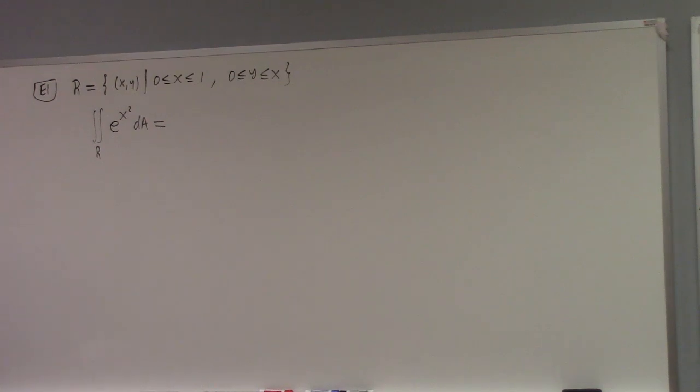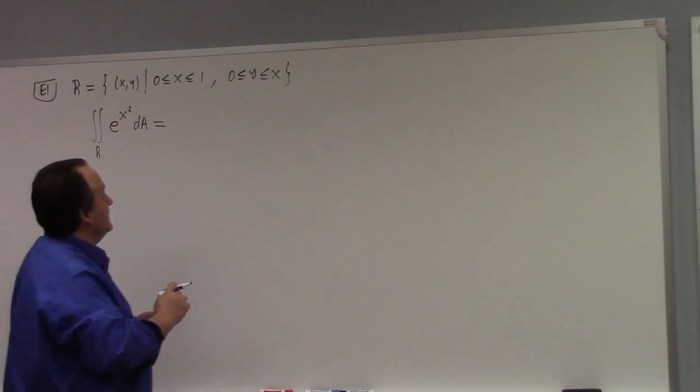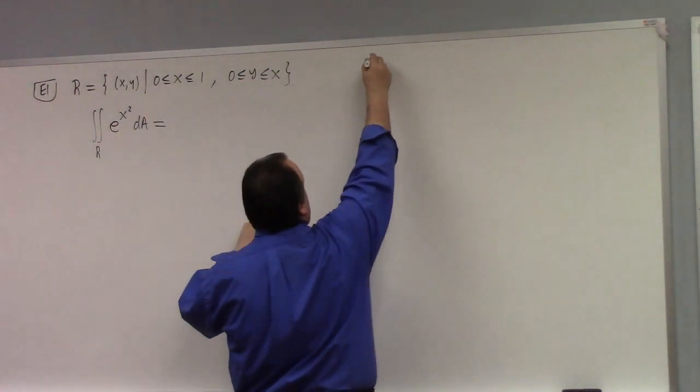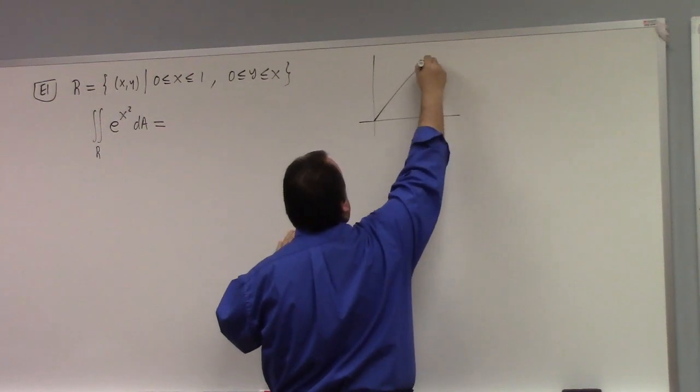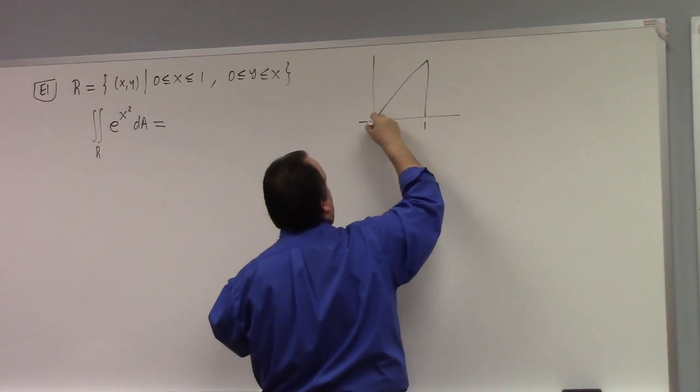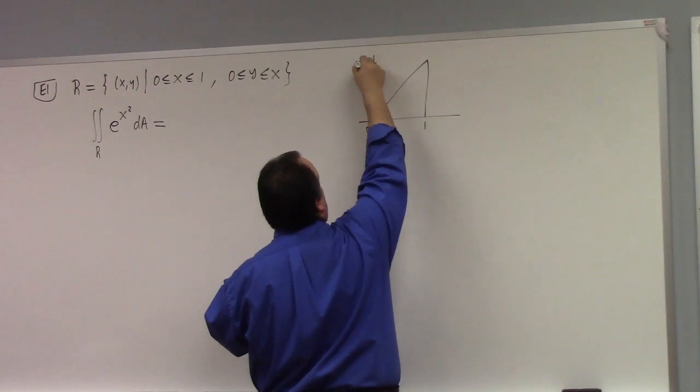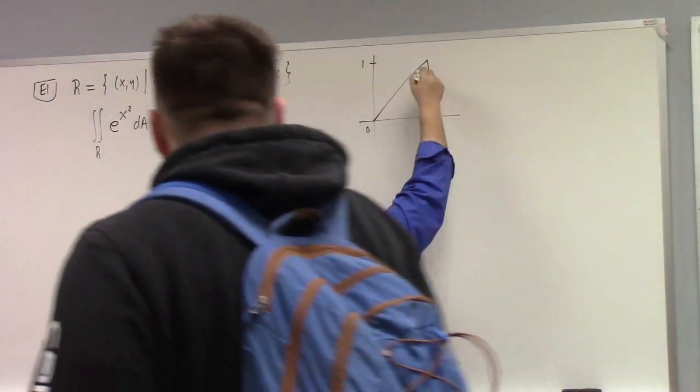If I try to put the x bound first, here's a picture of the region we're integrating. You've got the line y equals x, you've got 1 here, 0 here. It happens that y is also in 1, right?